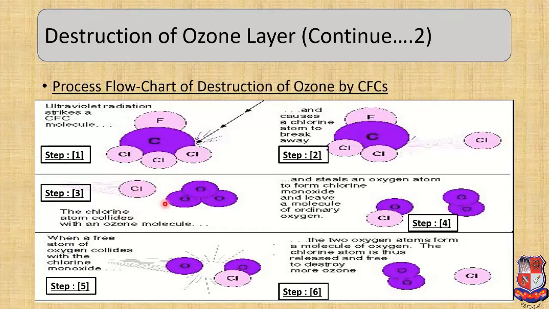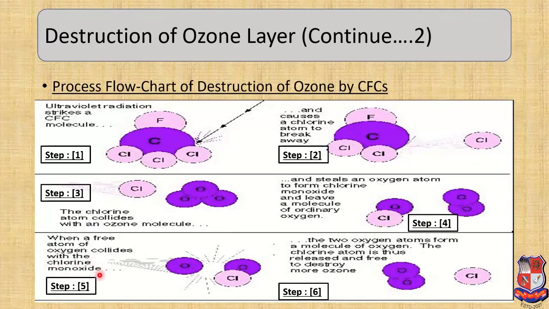Now in step 3 we can see that the chlorine atom collides with ozone molecules and steals an oxygen atom from the ozone molecule to form chlorine monoxide and leave a molecule of ordinary oxygen, that is O2.